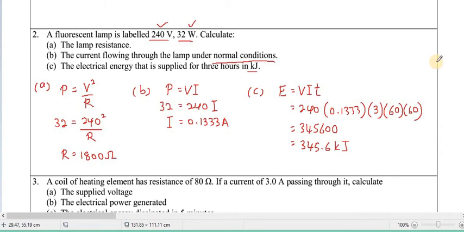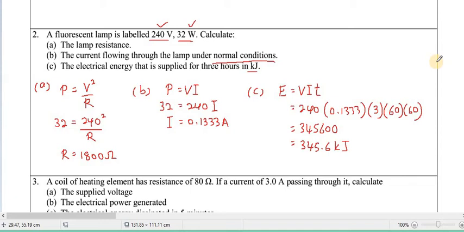Okay, if the question doesn't ask you to write in standard form or in kilojoule, megajoule, or any prefix, don't write in prefix, unless the number is really big. For example, when you are calculating in the topic of gravitation, the distance between the earth and the sun, the number is super big.